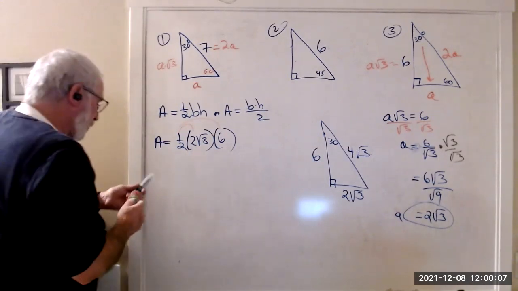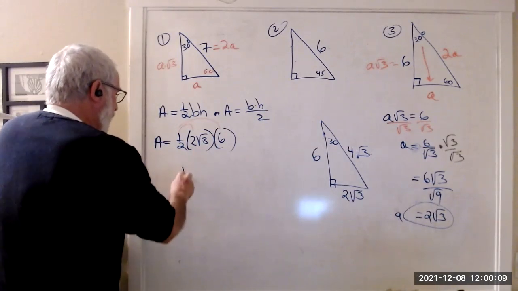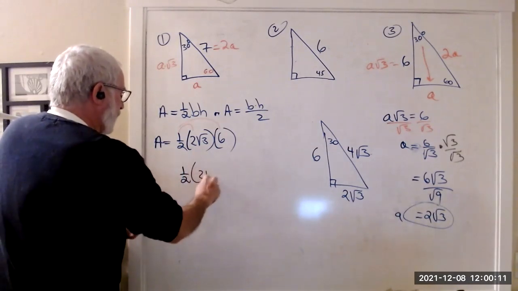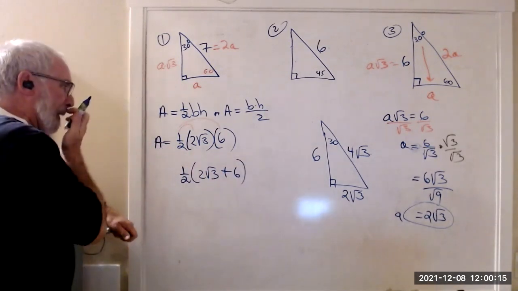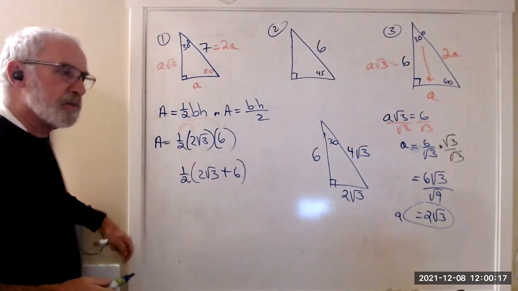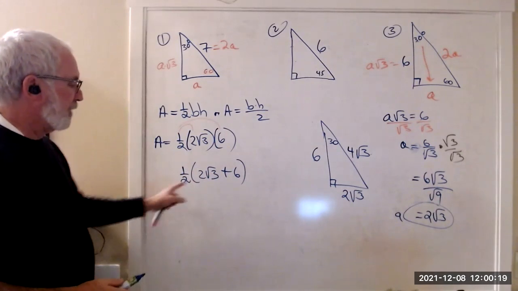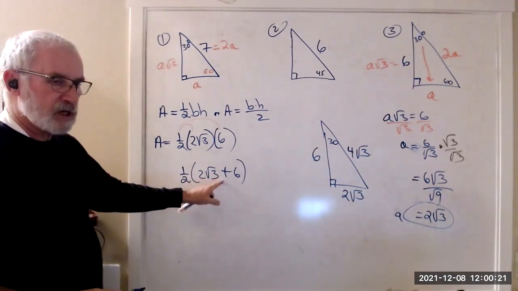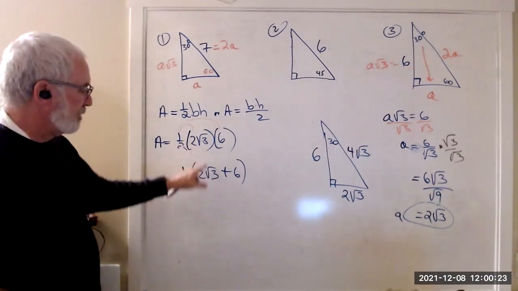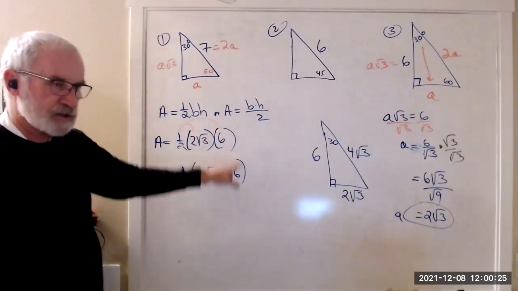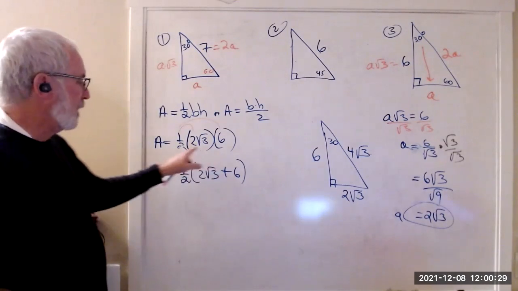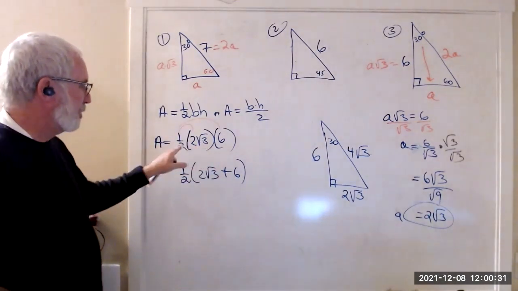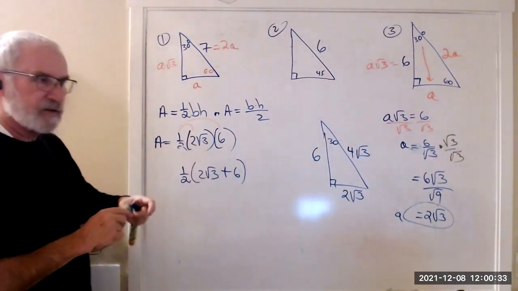The distributive property would have to be something like 2 radical 3 plus 6. To utilize the distributive property, you have to have a plus or a minus inside. Then you go 1/2 times this thing, 1/2 times the 6. So a lot of students distribute the 1/2 to everybody, and that ain't the case.